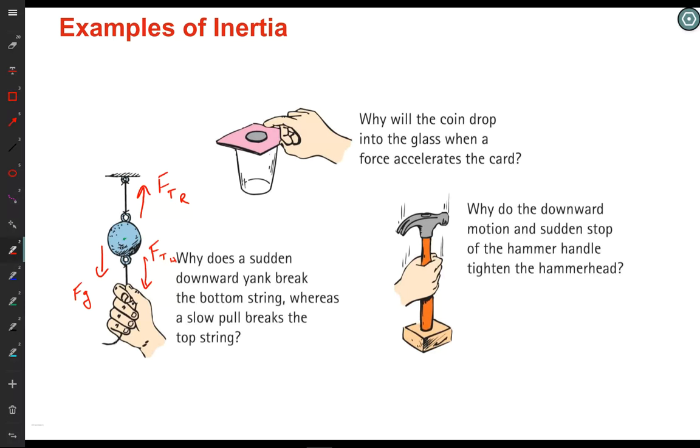Basically, yes. If I tug it really quickly, the ball doesn't have time to react, so to speak. And so it breaks below. It's the inertia that's making the ball so it doesn't just come down with the tug. And so the tension on top doesn't build as quickly as on bottom because of inertia. So that's a really cool one because it just depends on how quickly you tug the string, which one's going to break.